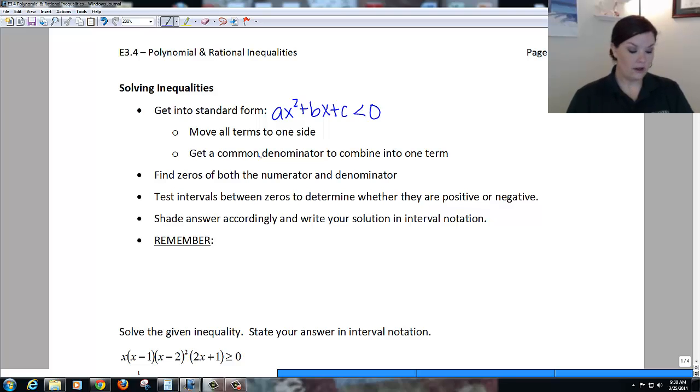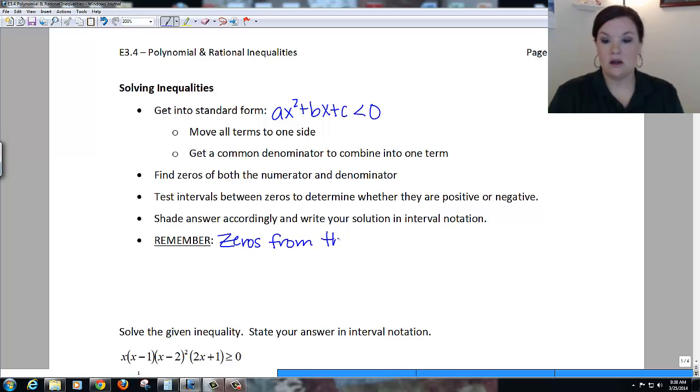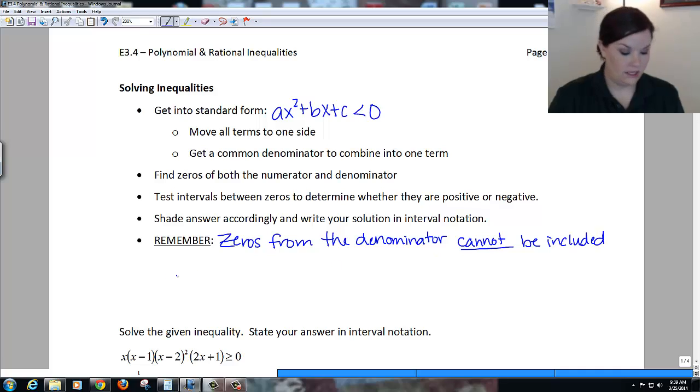Okay, so I want to go ahead and put down here, this is a big one that a lot of people mess up on. Something to remember is that zeros from the denominator cannot be included in your solution. Remember, they are our extraneous solutions or our excluded values. Okay, so I'm just going to put it here.